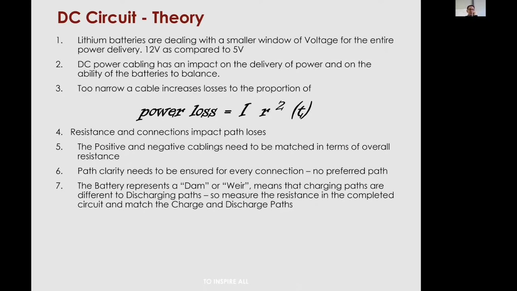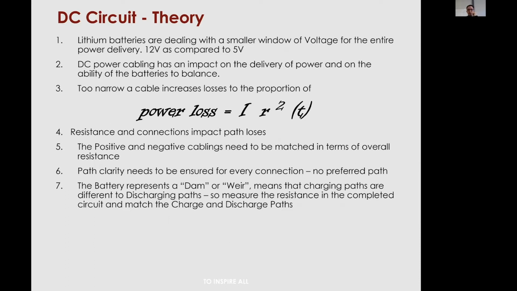And point number 3 is that power loss is something that impacts your lithium power delivery, and it's obviously in relation to the current by the equation here, current equal to radius squared, and then I put in the term time, that's the T in there, to equate to kilowatt hours lost.